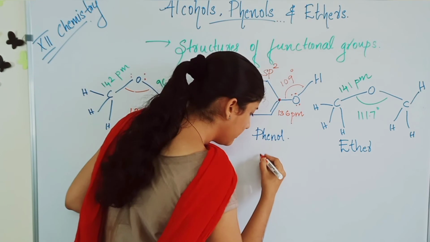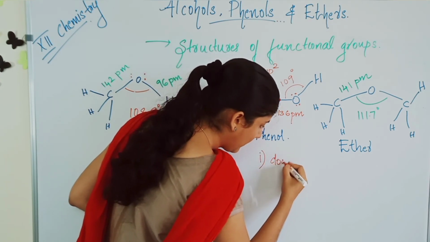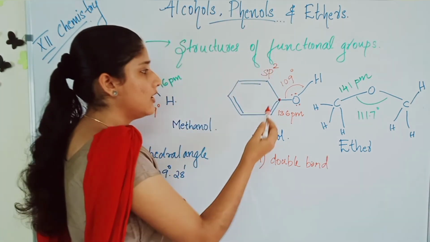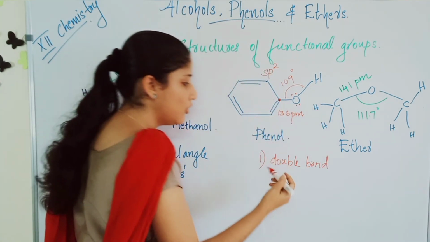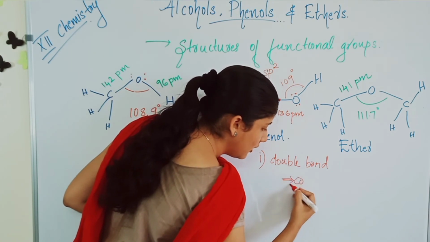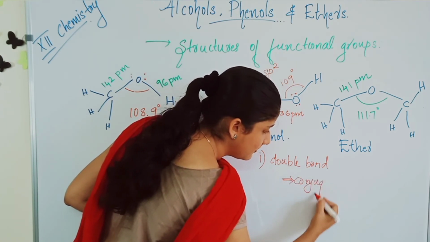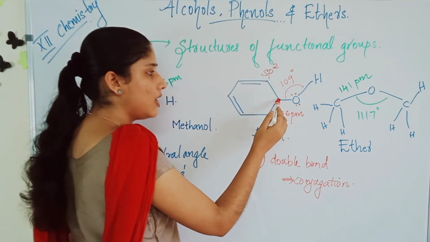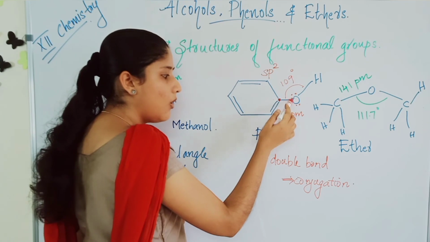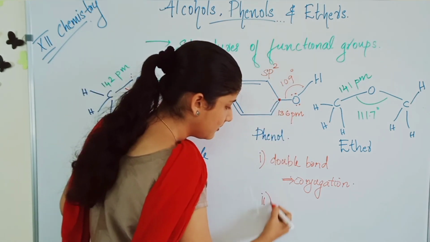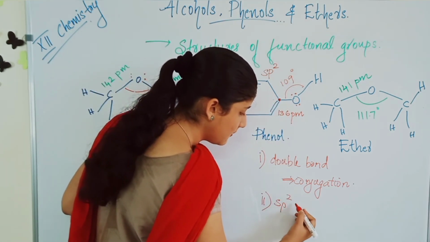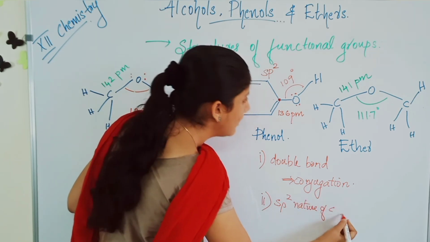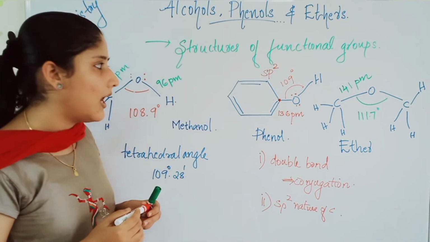The first reason is the double bond character of the CO bond due to conjugation. And also because of the sp2 nature of the carbon on which the oxygen is attached. These are the two reasons. The angle is 109 degree.